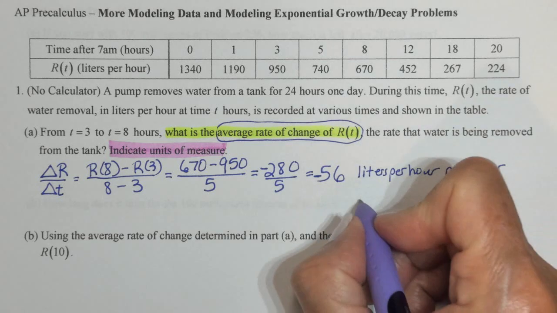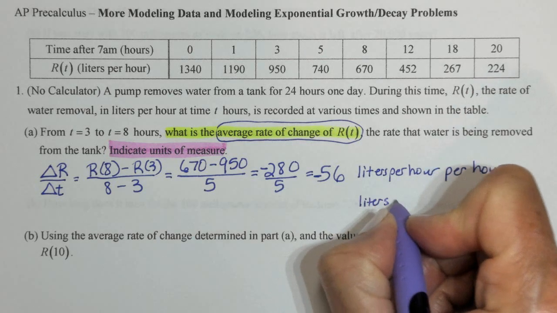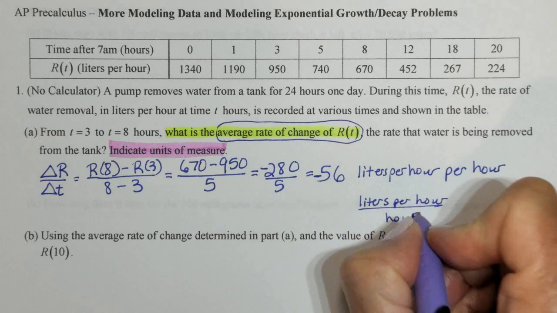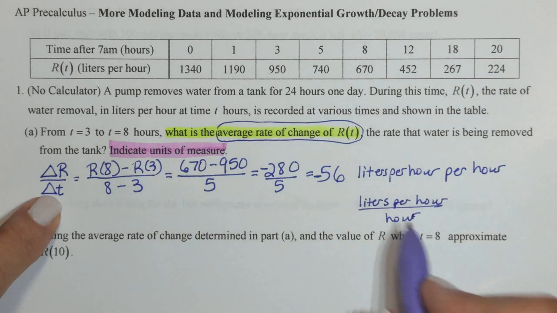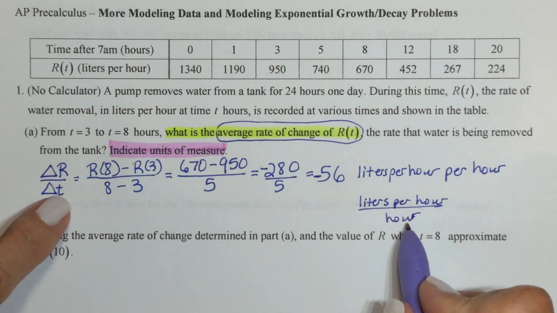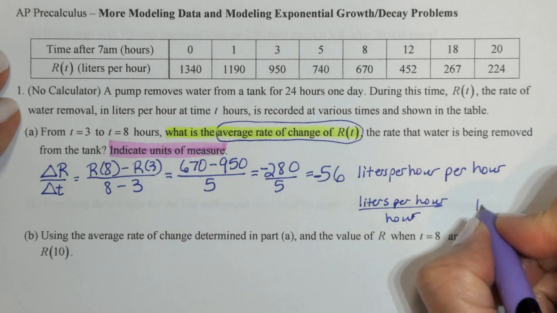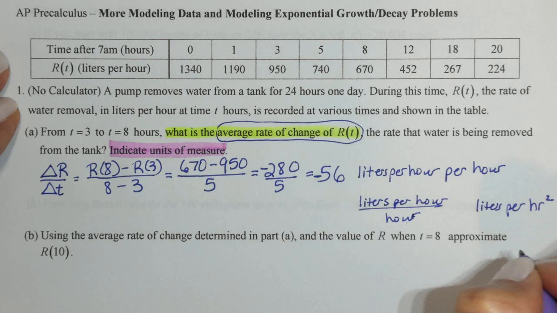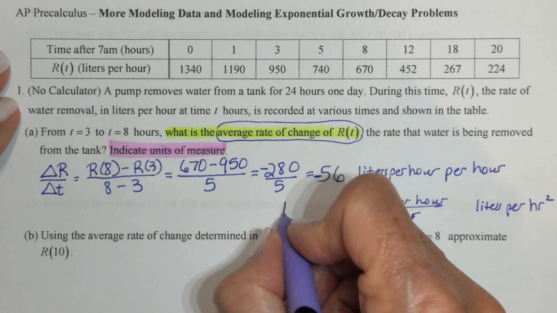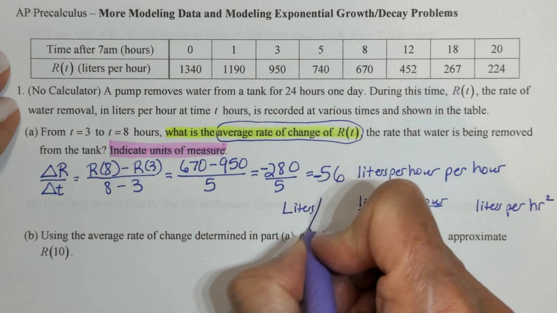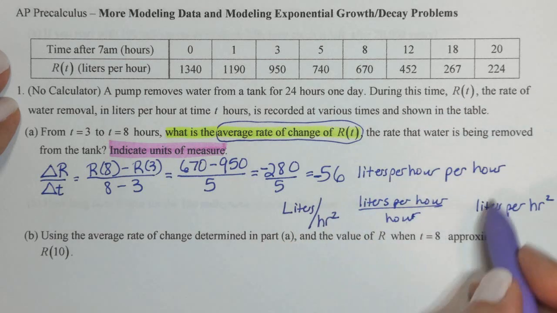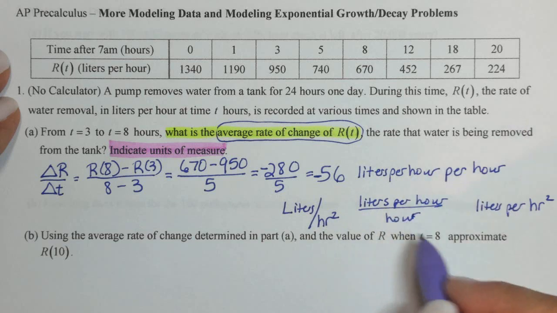You could also write this as liters per hour over hours, because t is on the bottom. Liters per hour on top, t on the bottom. Or you could call this liters per hour squared. Any of those would be acceptable unit responses. Okay?